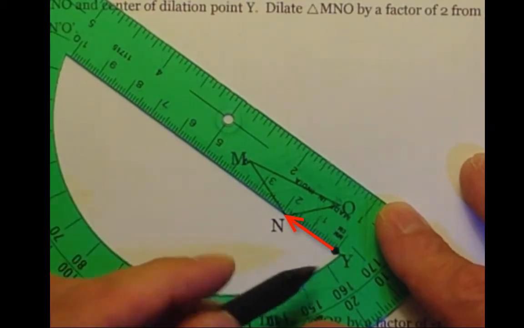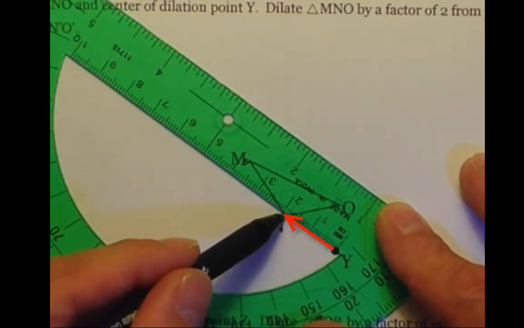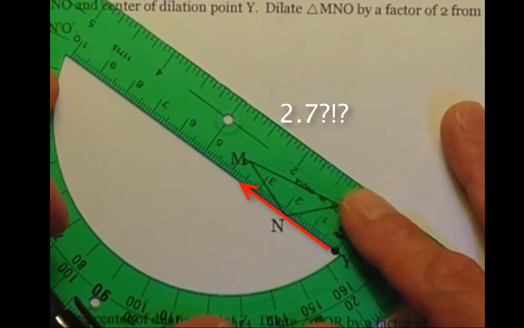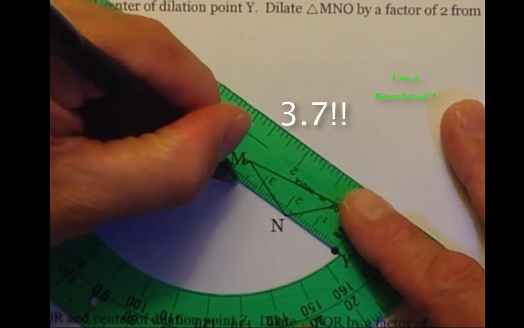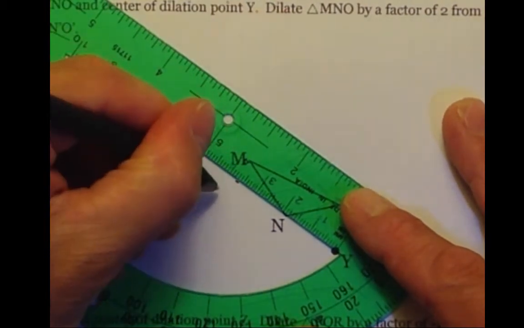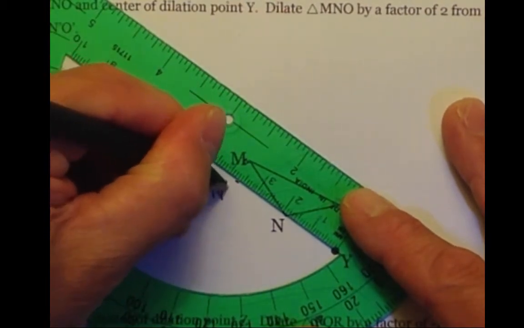So 1.85 doubled is 3.7, I think, if I did that right in my head. I hope I did. So there is point N prime.